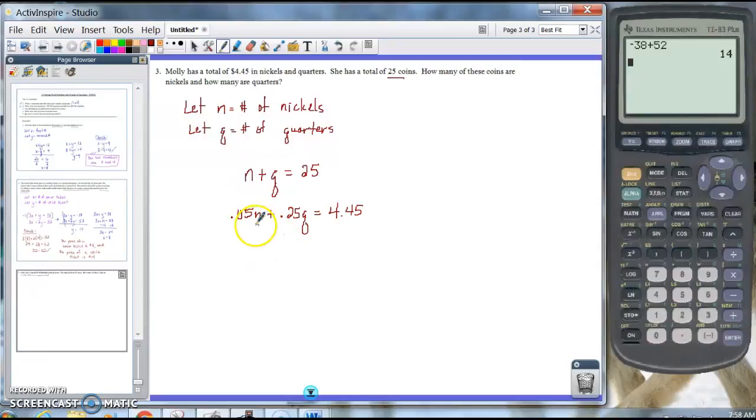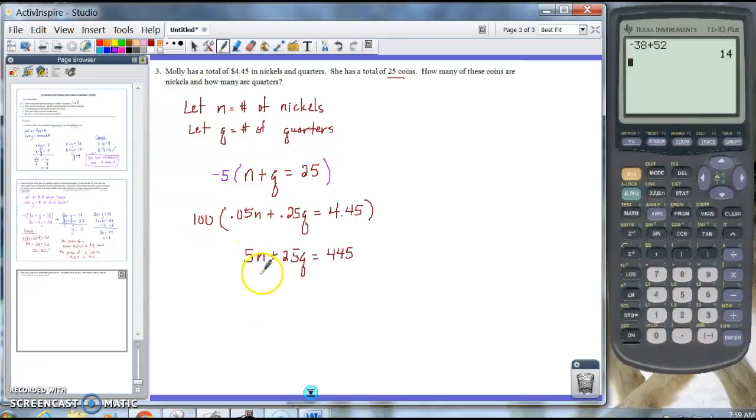Now what I would do here, me personally, I would get rid of the decimals. So I would multiply this equation by 100. And that's going to give us 5n plus 25q is equal to 445. And then I would take that first equation here and multiply it by -5.